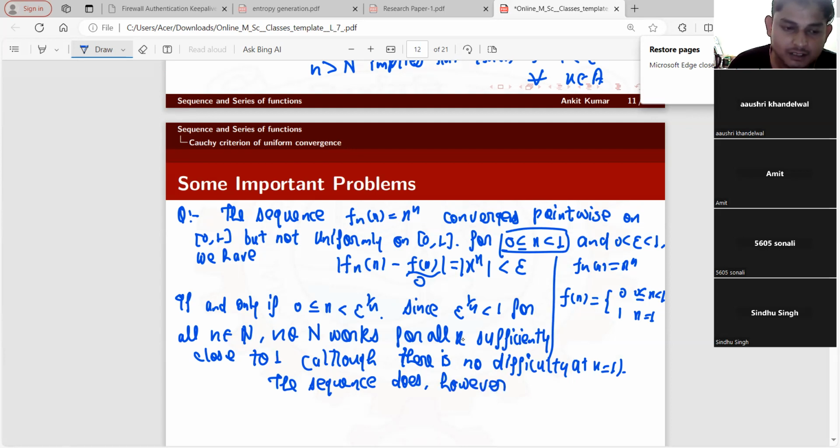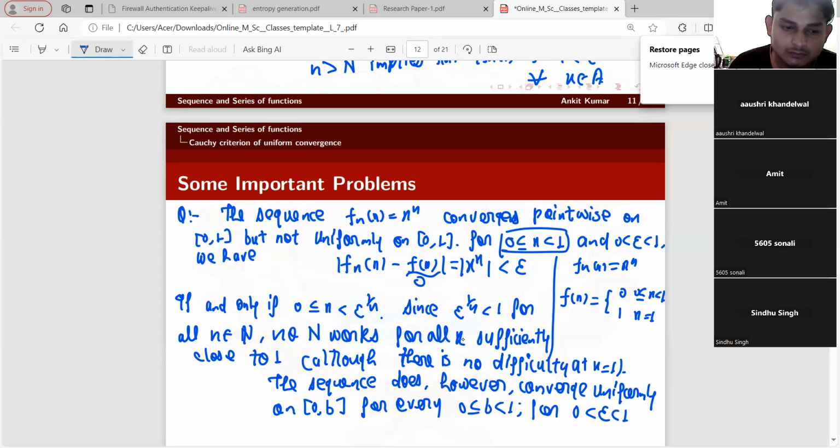The sequence does, however, converge uniformly on the closed interval 0 to a, for every a less than 1, where we can take the bound from below.